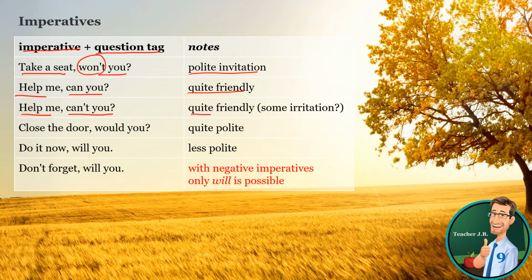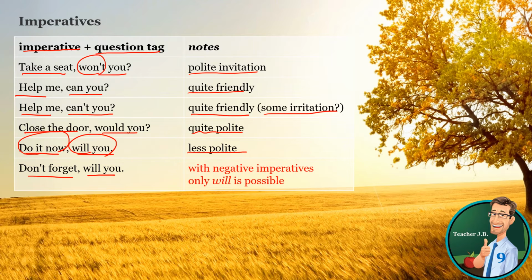Somewhat quite friendly, but some irritation. Close the door. Would you? This is quite polite. Do it now. Will you? This is less polite. Don't forget. Will you? Okay, so this is positive.